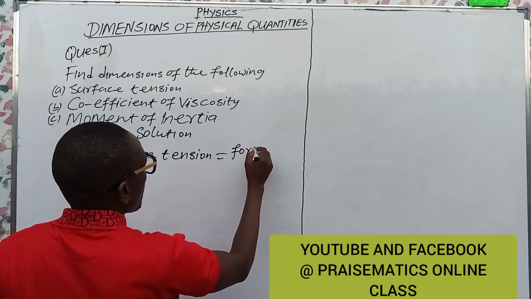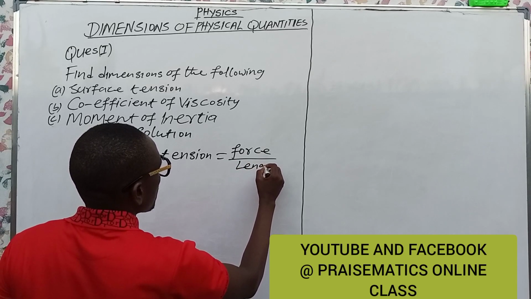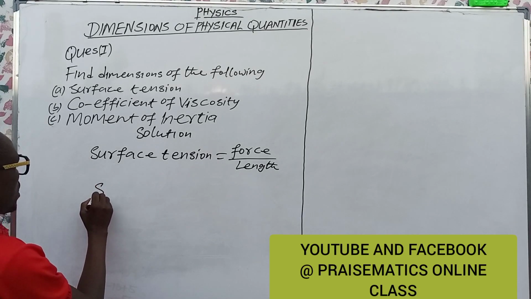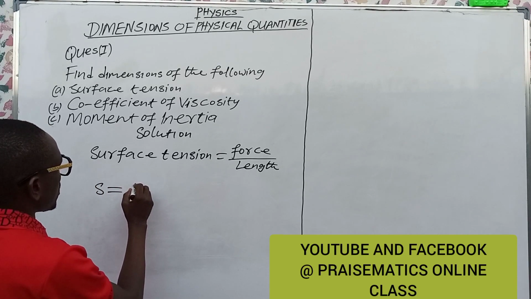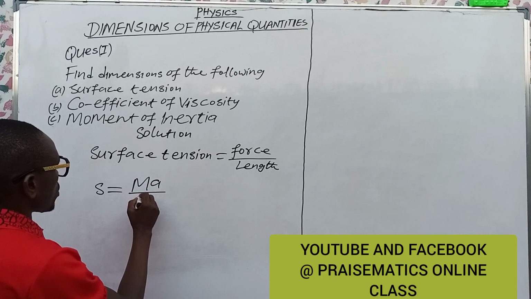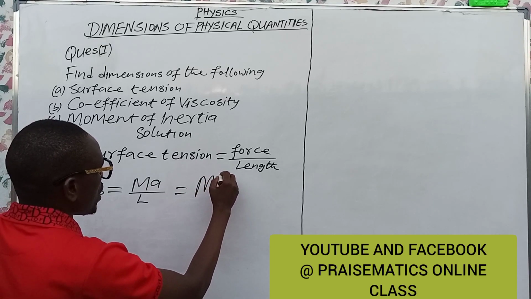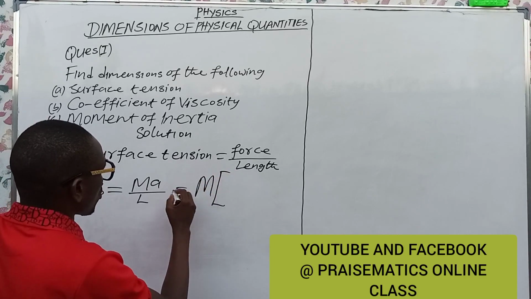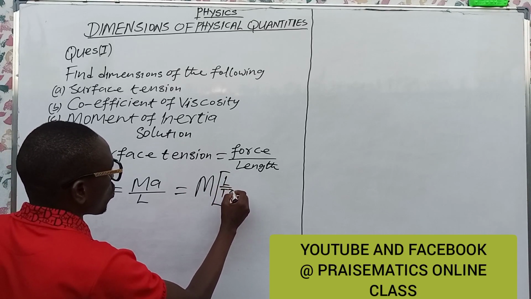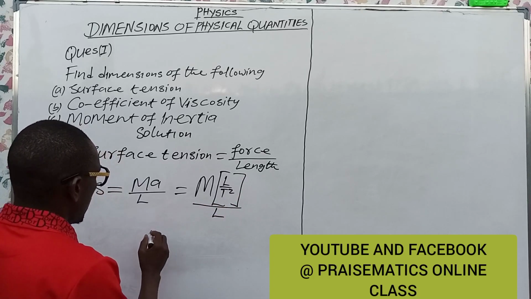Then if it is force per unit length, let's say that surface tension S is equal to force, which is MA, all over L. Which is the same thing as M into the dimension of acceleration, which is L over T squared, all over L.